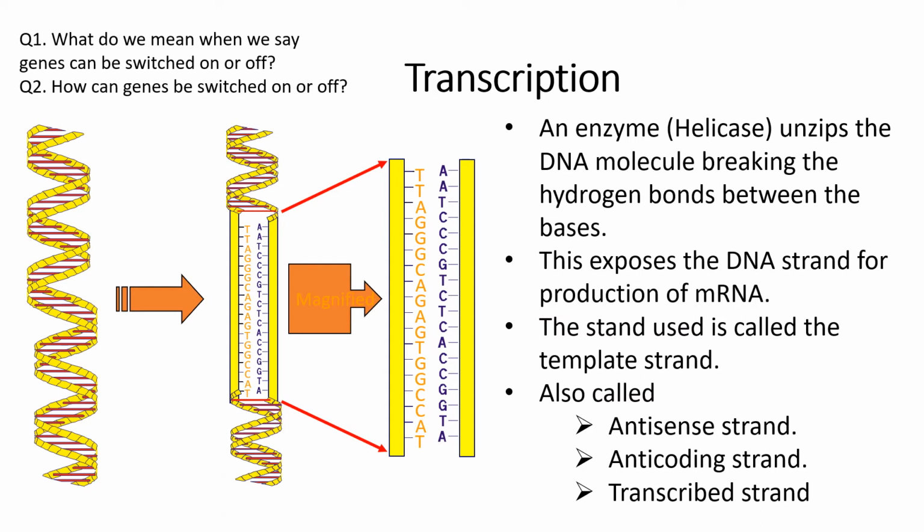So how do we actually stop particular polypeptides or proteins from occurring? Well, we actually turn the entire process off at the start in terms of transcription, because if transcription cannot occur, we don't produce any messenger RNA. If we don't produce any messenger RNA, then we can't have translation to produce any type of polypeptide.